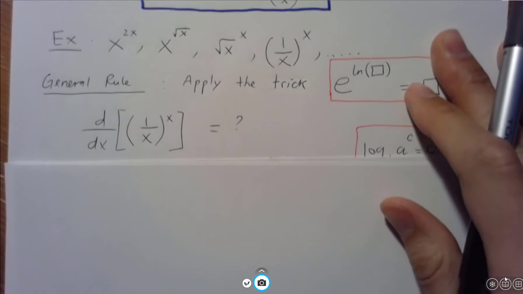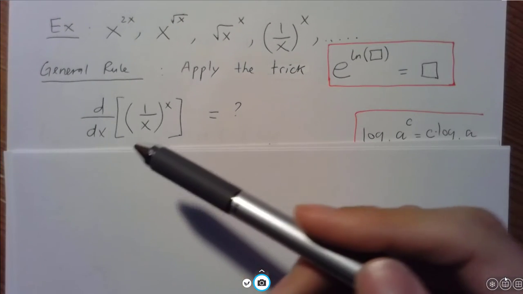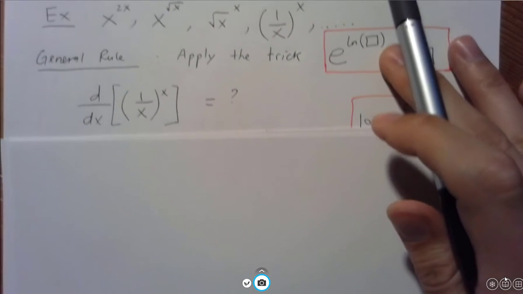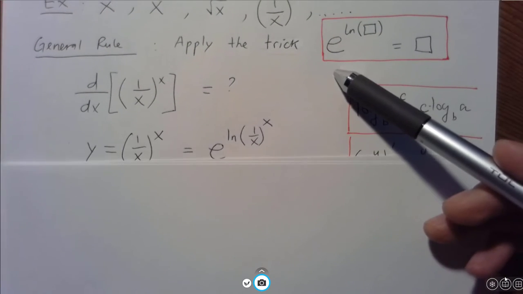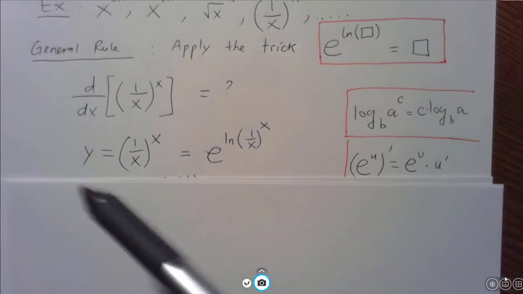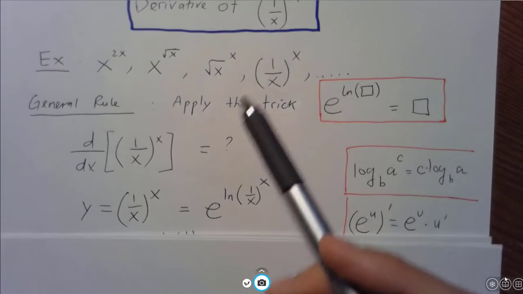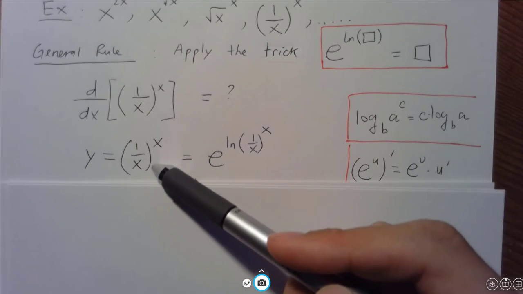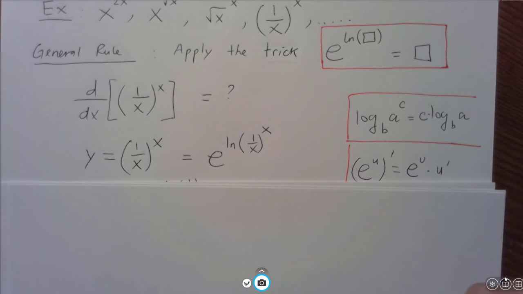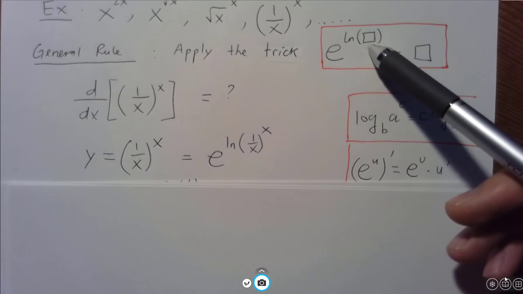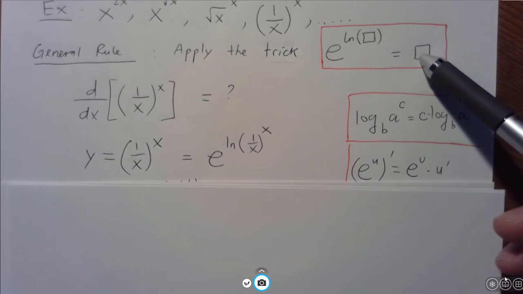And d over dx is finding the derivative function of 1 over x to the x. Here we apply the trick we just talked about in this slide. Just for ease, I let y be the function that we are solving for, so y is 1 over x to the x power. I know that when I take e to the ln of anything, I end up with the same thing.